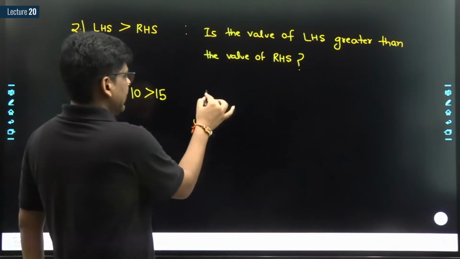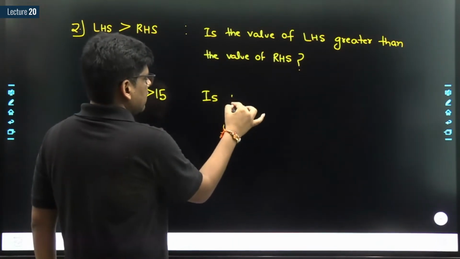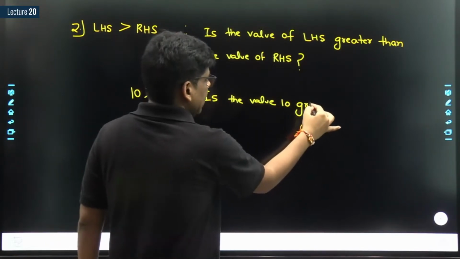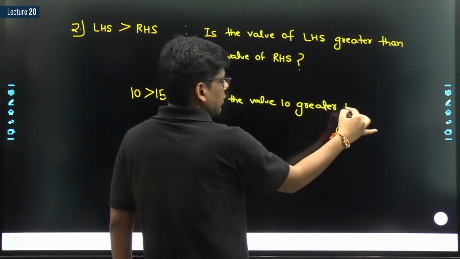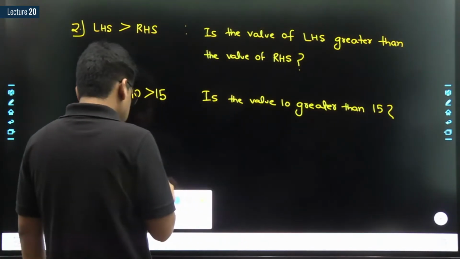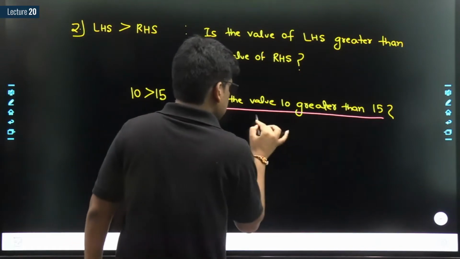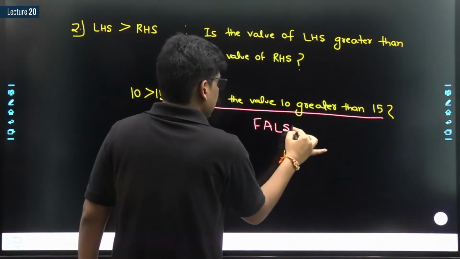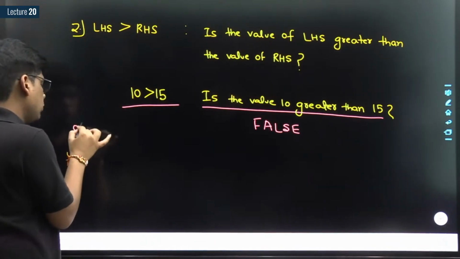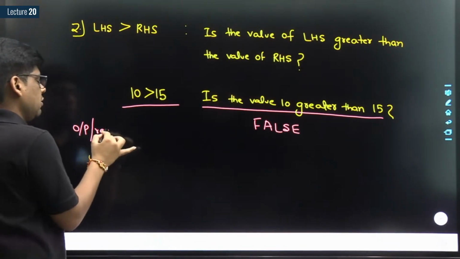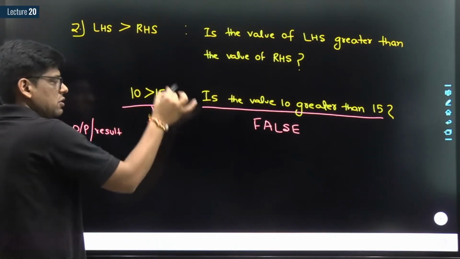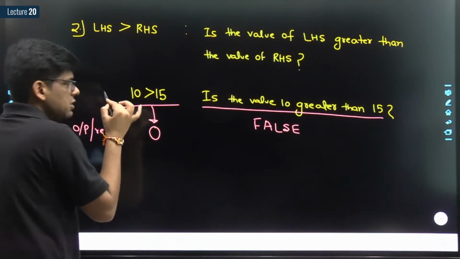Is the value 10 greater than 15? No, sir, this is false. This statement is false, and that is why if someone asks you what is the output or result of this relational operation, because this statement is false, the output is 0.